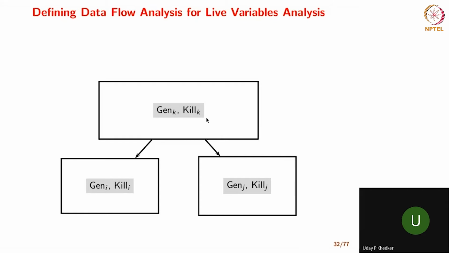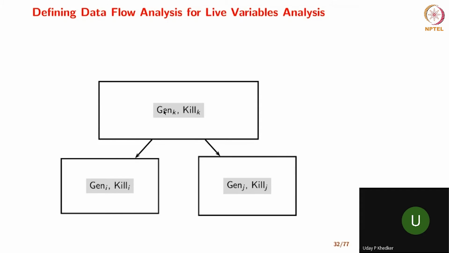So here we are essentially saying that this basic block K has two successor nodes or two successor blocks. We use the term nodes and blocks interchangeably. And what we want to do is define how we compute the live variables analysis. So what do these sets gen and kill represent?